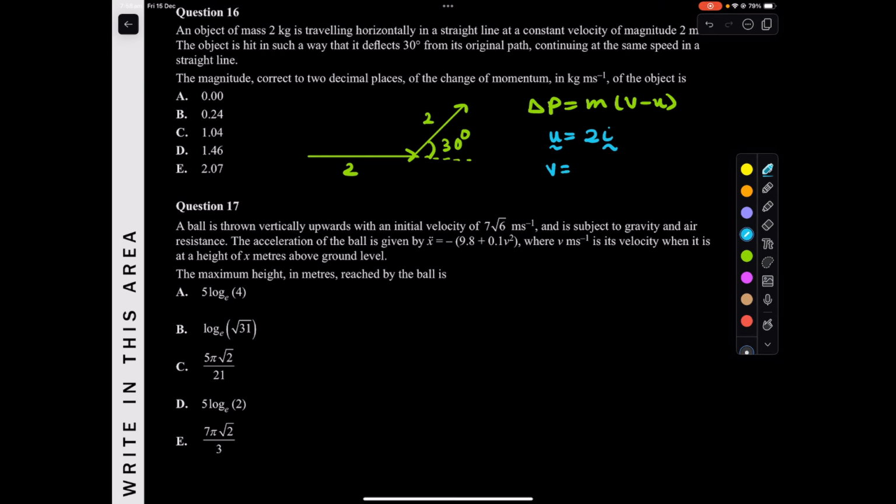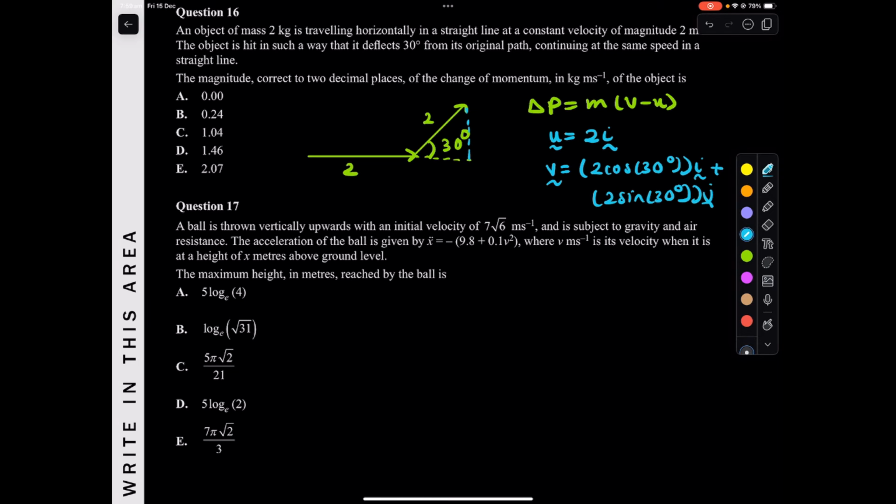What about V, the final velocity? We need to break it down into its horizontal and vertical components. So your I component will be 2 cos 30 degrees I, plus 2 sine 30 degrees, and that's your J component. So we've got U and V in there.